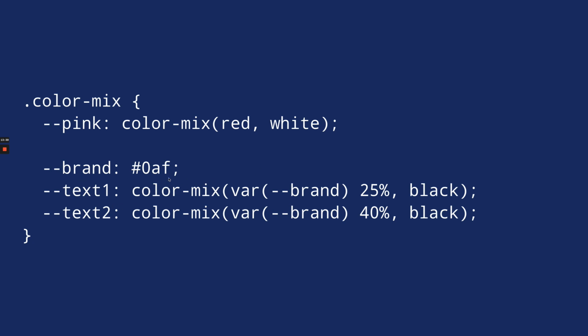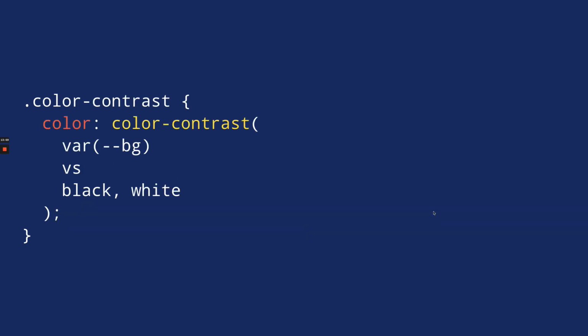Imagine we have a brand color, and for one color I want to mix my brand color with black to a 25% degree. What that means is after adding black, 25% of my color will be left. So it will be pretty dark. But if I want a lighter one, I can leave 40% of my color after black comes in.